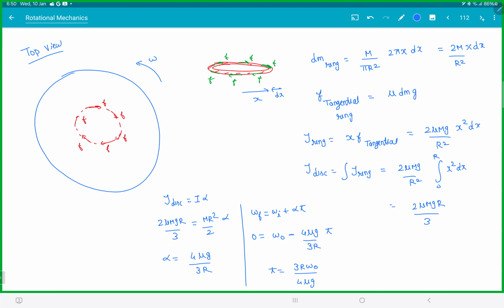What is the velocity of the disk? Don't get confused. Velocity is 0. Angular velocity is omega naught. So velocity is 0, so you don't need a friction to stop.